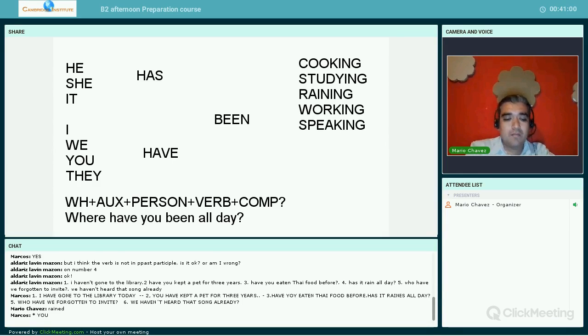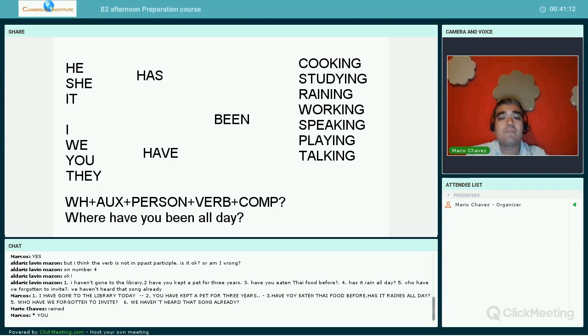You have been playing for too long. They have been talking for 2 hours. So we use the verb in past participle, only been, and then the other verb goes in ing form, in gerund, and we make this a continuous form.